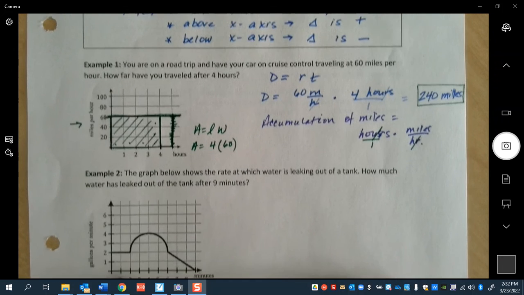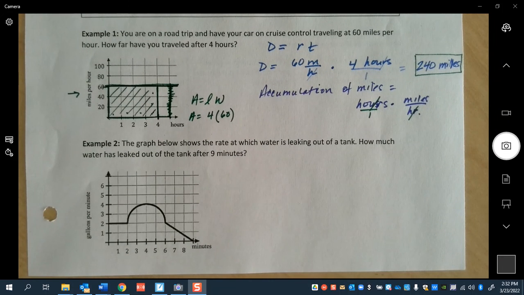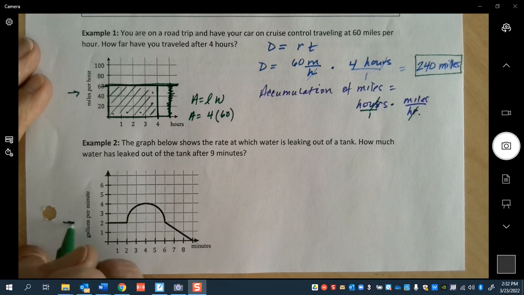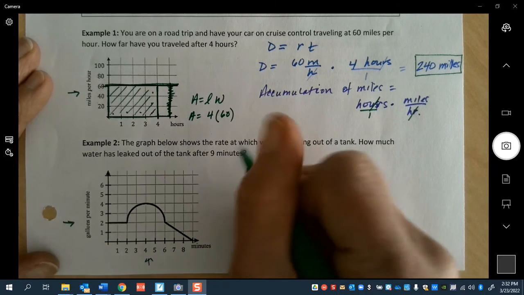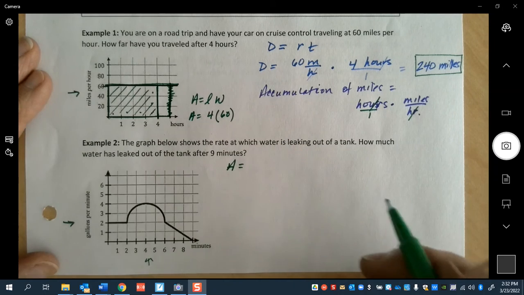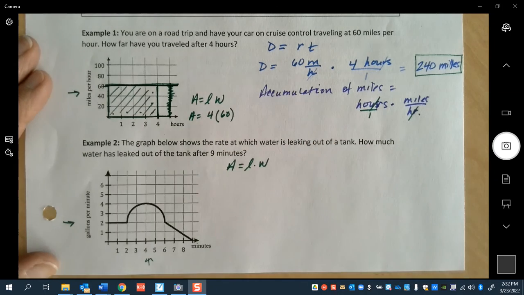All right, let's look at example 2. The graph below shows the rate that water is leaking out of a tank. So here is my gallons per minute, and here is my minutes. If my area is equal to my length times width, we don't have as pretty of a scenario here.